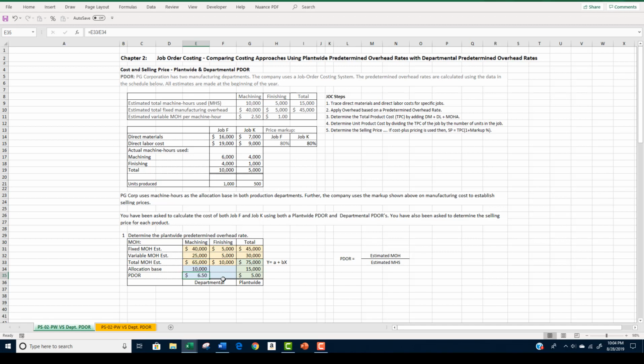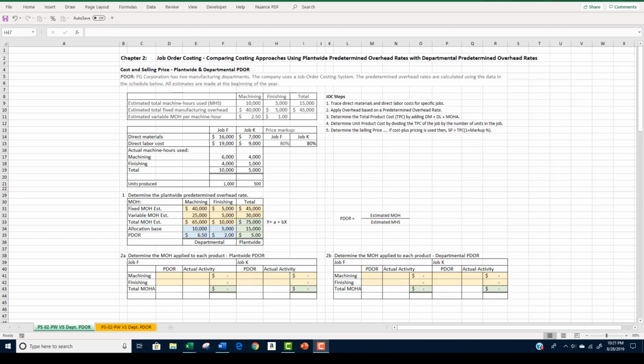For finishing, we divide the $10,000 of estimated MOH by 5,000 machine hours to get a departmental PDOR of $2. So now instead of having a single rate that we'll use throughout the entire plant, we have rates for each department. Now that we have the PDOR, we can apply manufacturing overhead to each product.